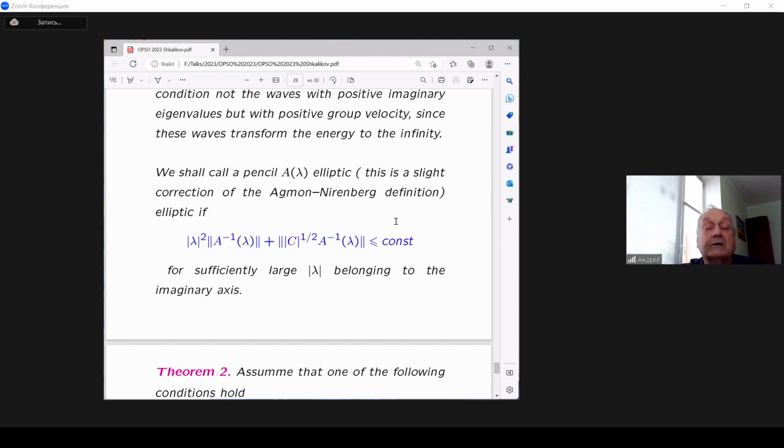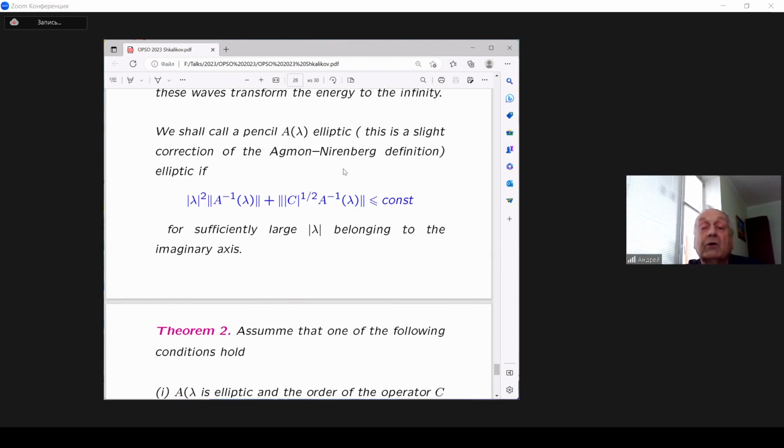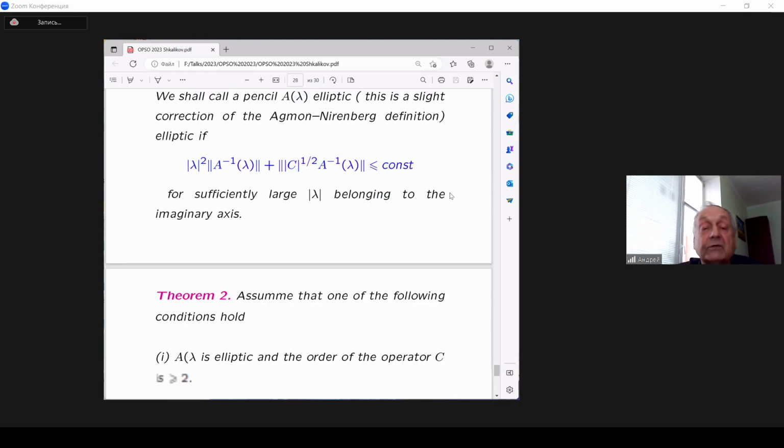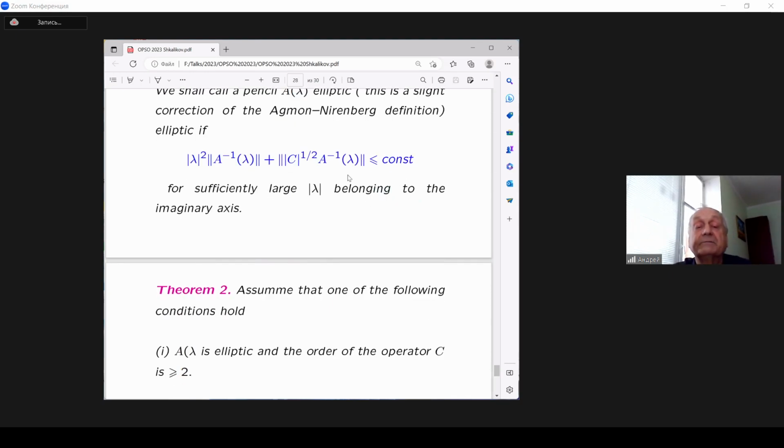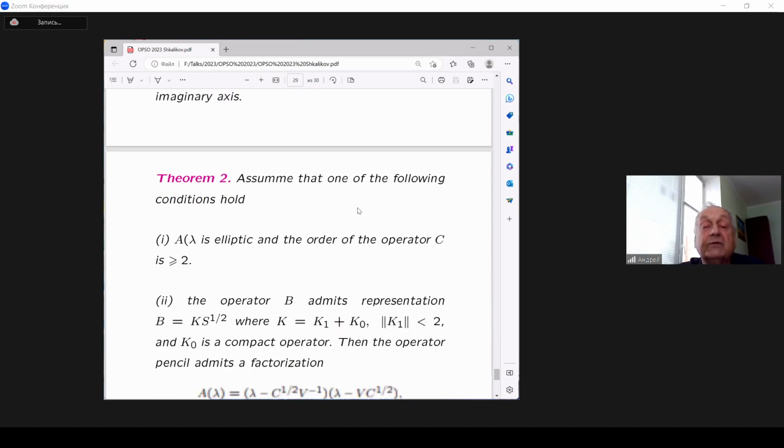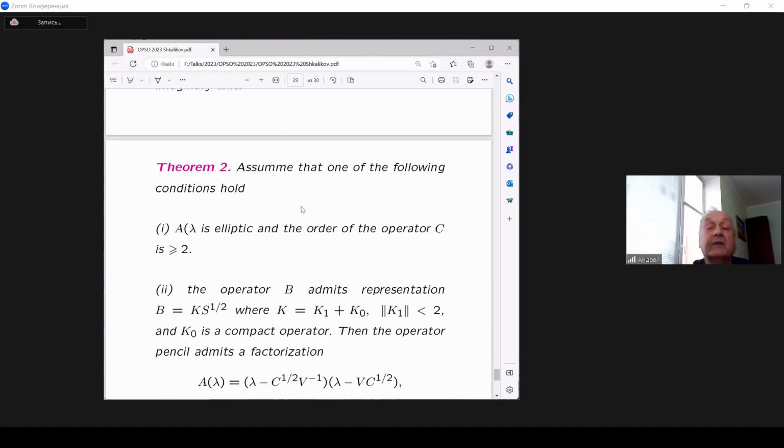So, according to the Agmon-Agranovich-Vishik definition, an elliptic pencil is elliptic on the imaginary axis. We have to assume this estimate. And Theorem 2, which is actually the main one, is the following.